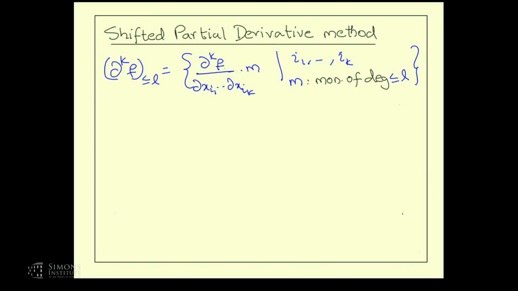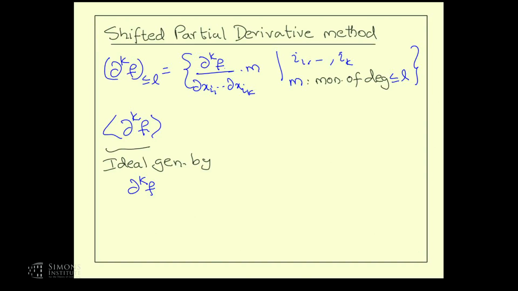So it turns out that the space of shifted partial derivatives measures something that's algebraically nice. And what is that thing? Just recall that if I have a collection of polynomials, I can talk about the ideal generated by those polynomials. This is just from algebra.